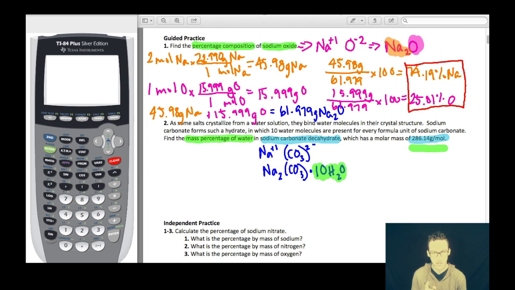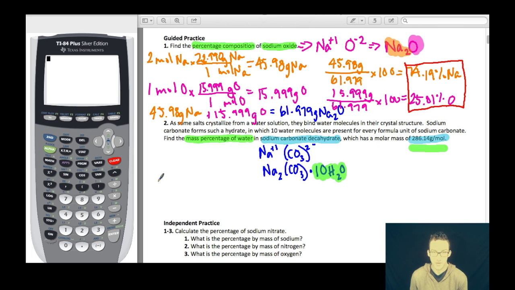But if you doubt, challenge authority, always question. You can always go to your periodic table and bust out the mass of 2 sodium, 1 carbon, 3 oxygen, 20 hydrogen, and 10 oxygen. Put them in your nifty calculator and check to make sure it comes out to 286.14 grams per mole. But since I'm going to try and save us some time here, we're just going to accept that this is in fact the truth and move on.